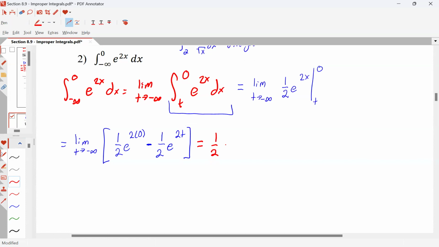So 1/2 times 1, minus our limit as t goes to negative infinity, 1/2 e to the 2t.